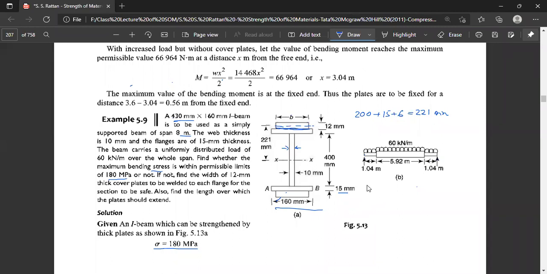So that is multiplied by 221 square, multiplied by the area of this plate, B multiplied by 12.